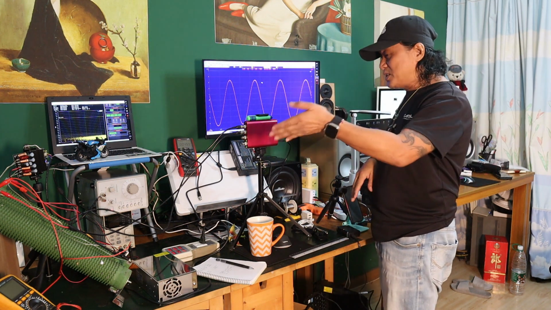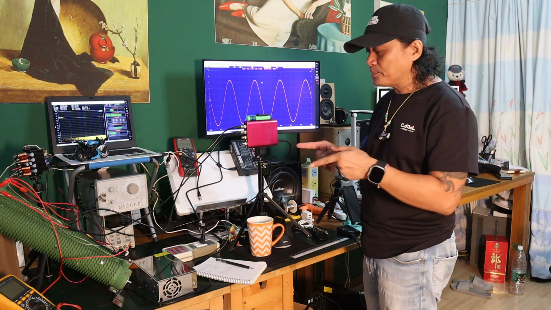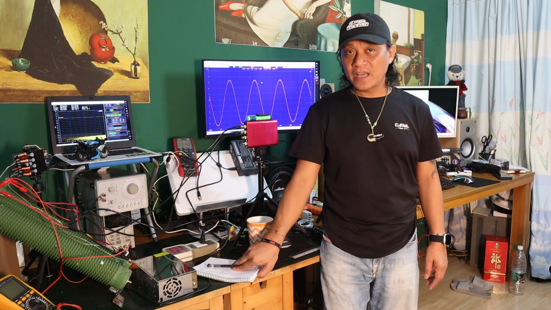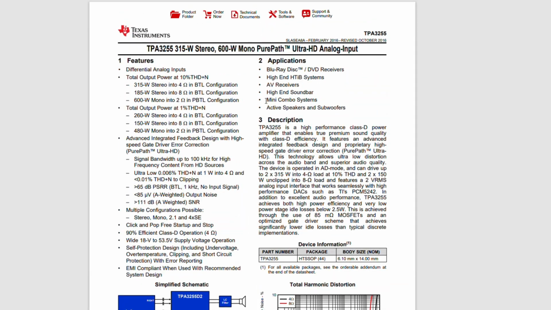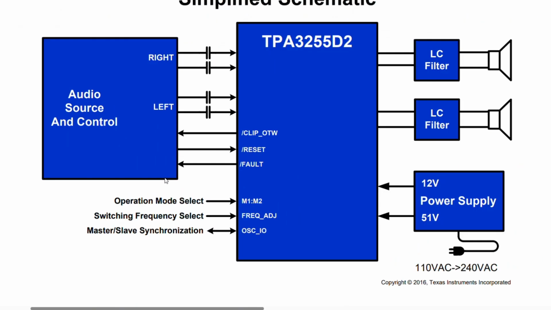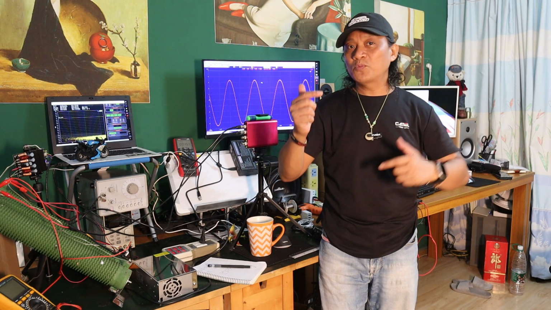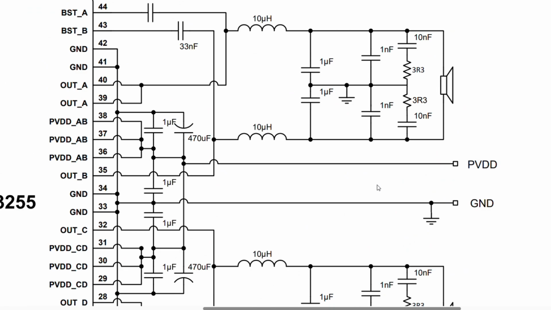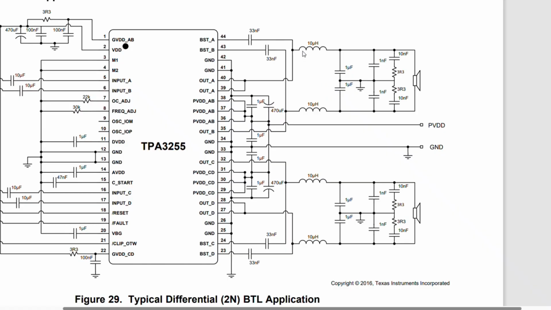I'm not able to see my mistake on the connection because what I'm thinking is that in a Class D power amplifier, the BTL is floating, and I don't need to observe exactly which one is plus and which one is minus, not like the SE mode, the single-ended, where I need to observe which one is the ground and which one is the live, and the ground is common to both the left and the right channel.